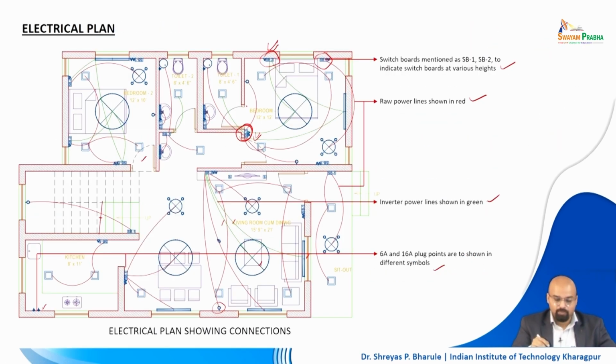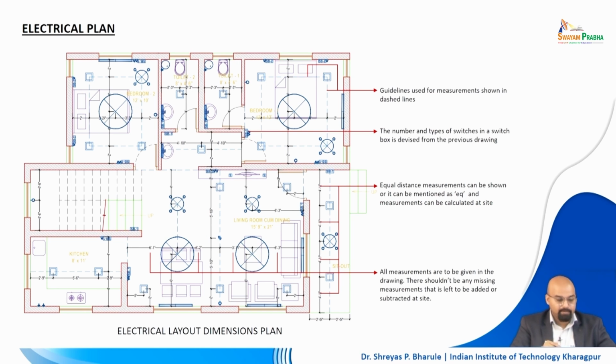So this is how the layout is. Here is where you see the different switchboards, here is where you see the 6 ampere, and here in the kitchen you see the 16 ampere plugs. So there is a variety of connections being provided for all the different appliances, right.